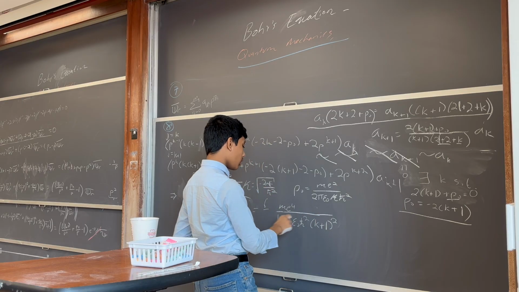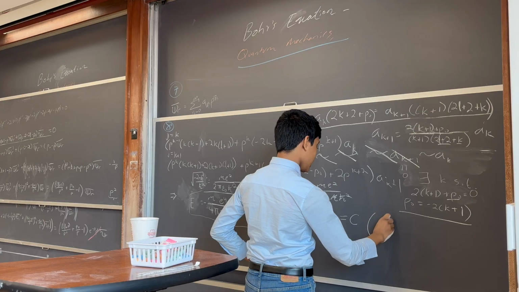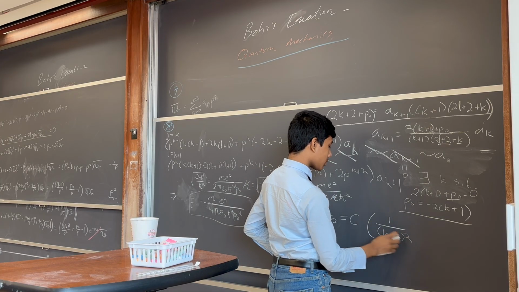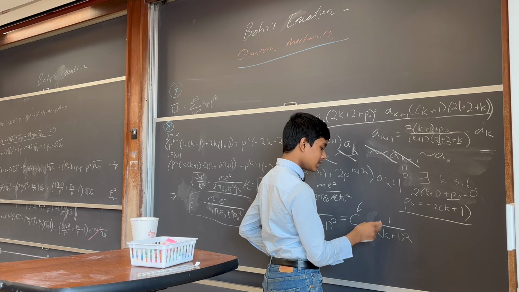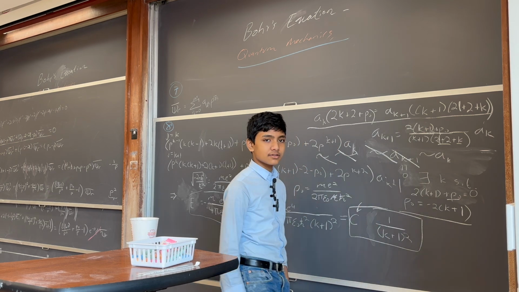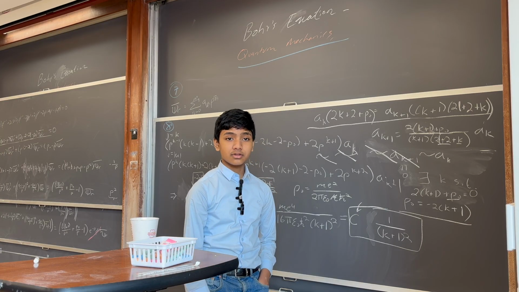So you can ignore all the fluff, put it in the background, C, and the allowed energy states take the form of C, where C is some constant, times 1 over k plus 1 squared, where k is an integer. So that's all about Bohr's equation for the hydrogen atom.